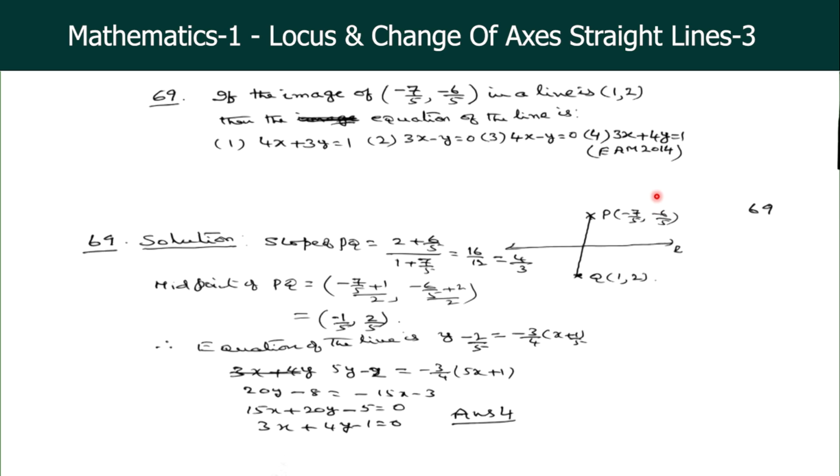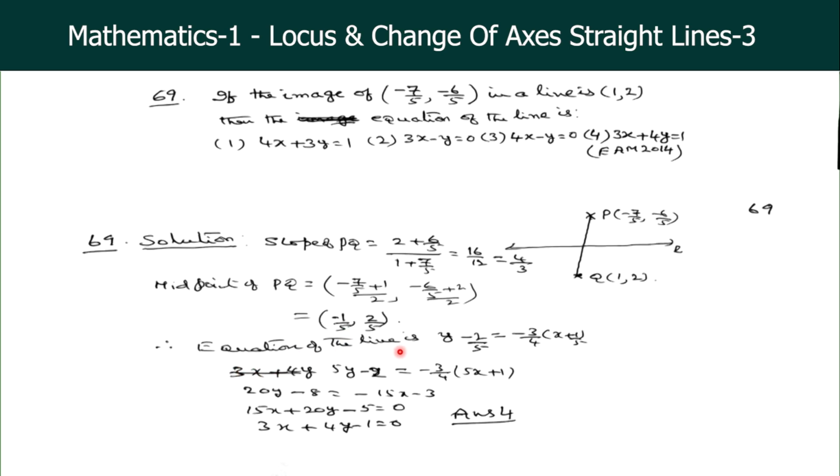So the line is nothing but the perpendicular bisector of PQ. Now the slope of PQ is (2 + 6/5)/(1 + 7/5), which is 16/12, which is 4/3. The midpoint of PQ is (-1/5, 2/5).